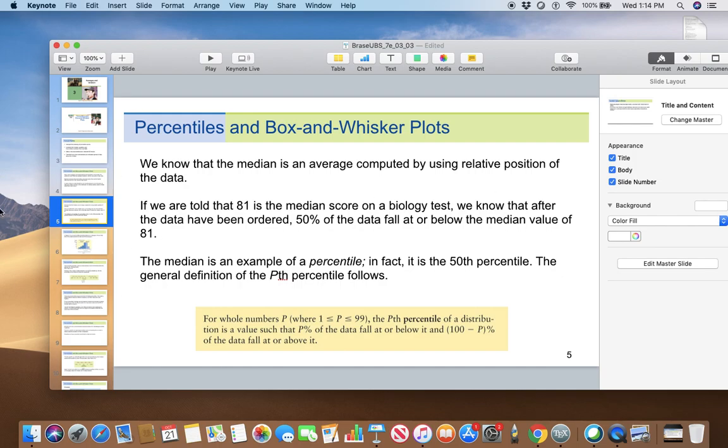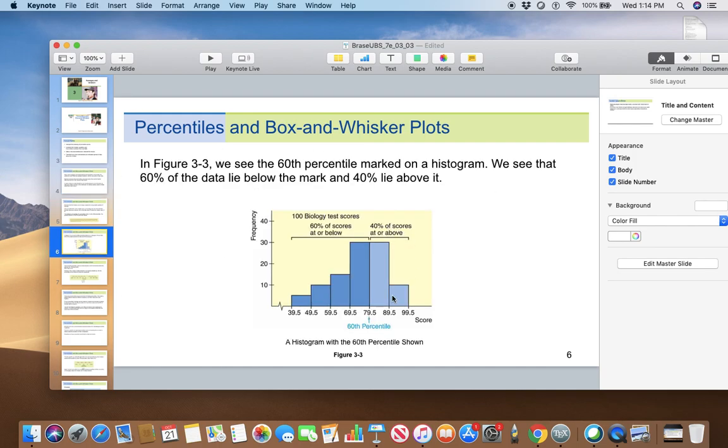Okay, on the right, here is the 60th percentile. What does that mean? Out of 100 biology scores, that is 79.5. So how did we find the 60th percentile there? Well, 60% of the data is here. So you add these.